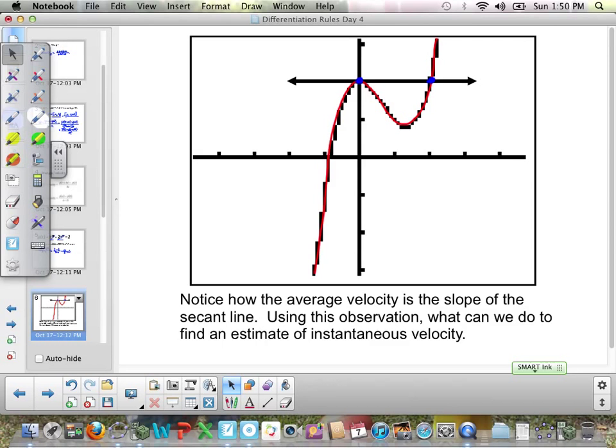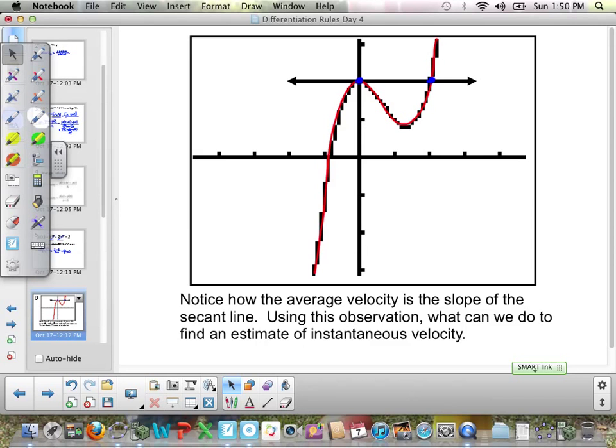And we found in the last couple lessons that the secant line estimated the slope between 2 points. Well, using this, can we find a better estimate of velocity, aka instantaneous velocity at a point?